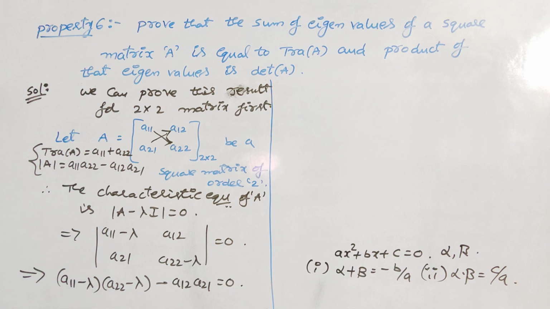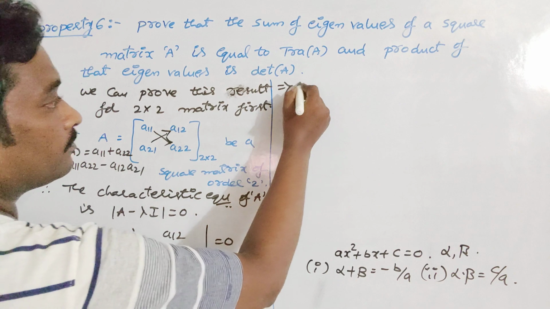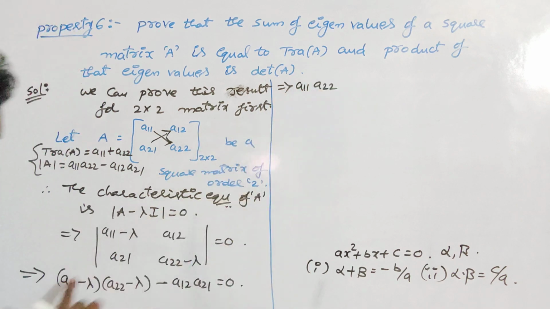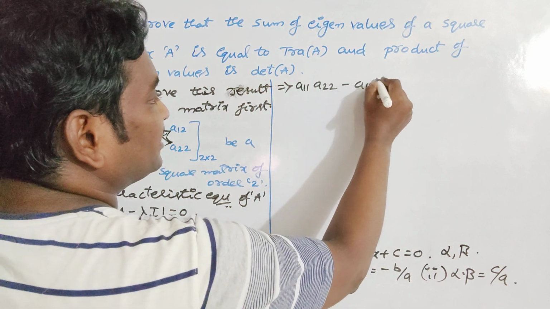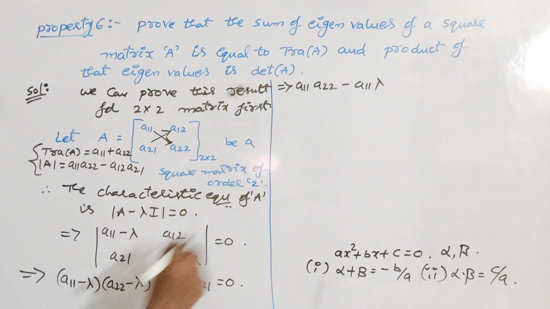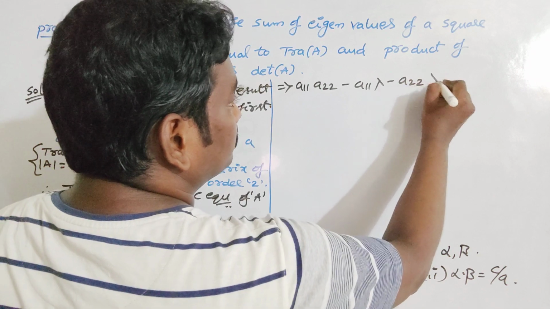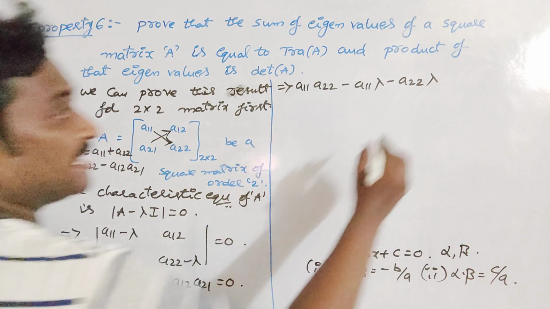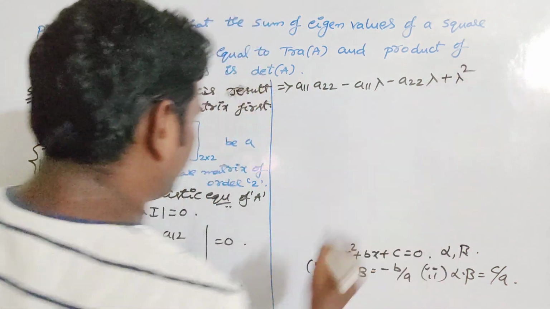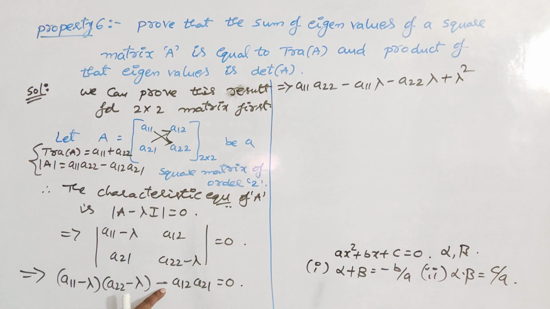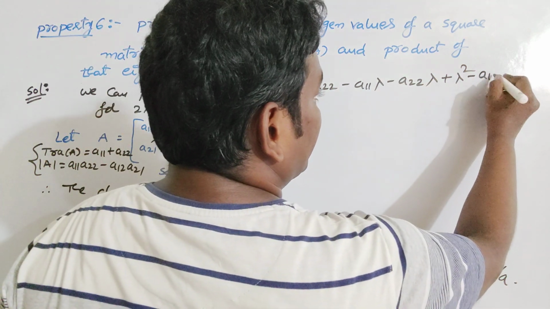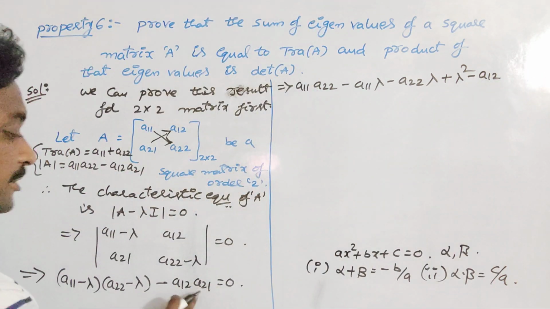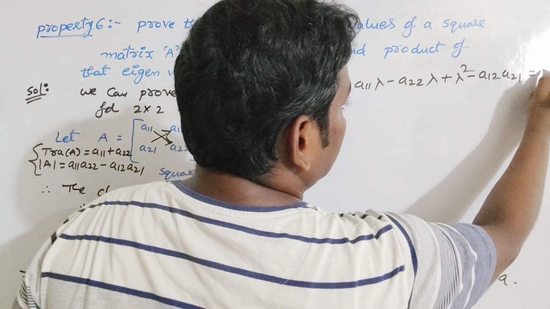Multiply these both factors: A11 into A22, minus lambda into A11, minus A22 into lambda, minus into minus plus lambda into lambda, lambda square, minus A12 into A21 is equal to 0.